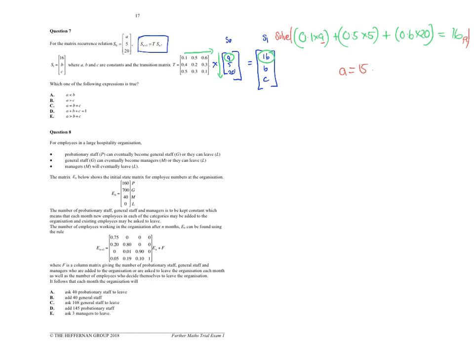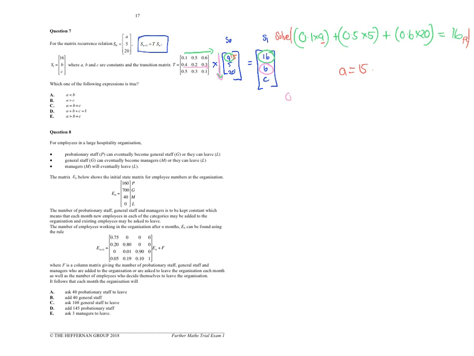Okay, so now that you've got A equals 15, you can pop that in there, and you can use that to go find the other ones. So I can use this row by this column, and that will give me this answer.